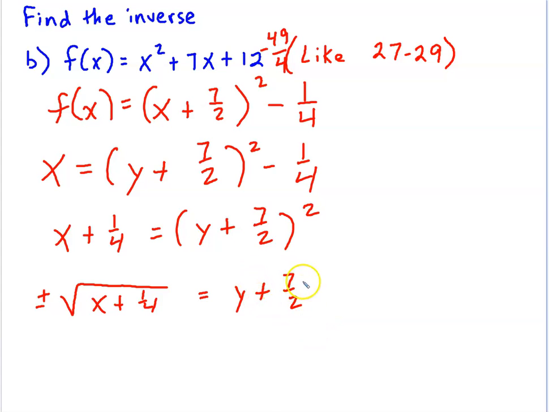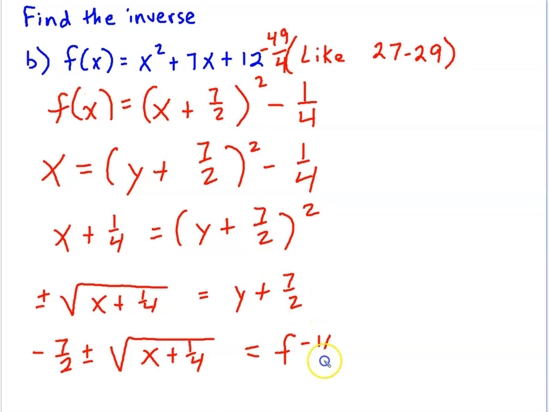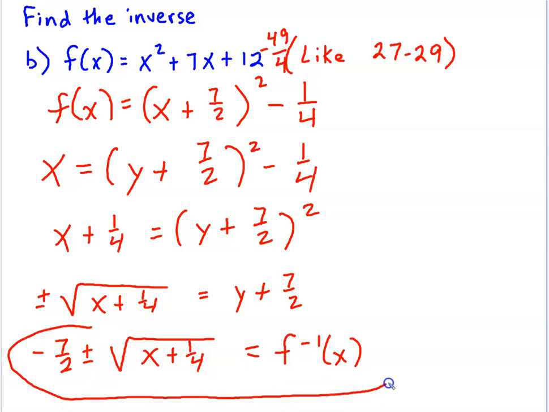And then finally, I'm going to subtract 7/2 from both sides. And I'm putting it in front. And now that I've got y by itself, I'm going to use the notation that says the inverse of f. And there you are. There's the inverse.